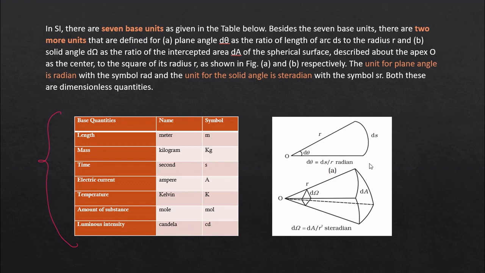And the angle is measured as the arc length divided by the radius, with the unit as the radian, and the solid angle is measured as the area divided by r square, the unit is steradian. So in total we have 9, but these 3 are the ones mostly used in mechanics.